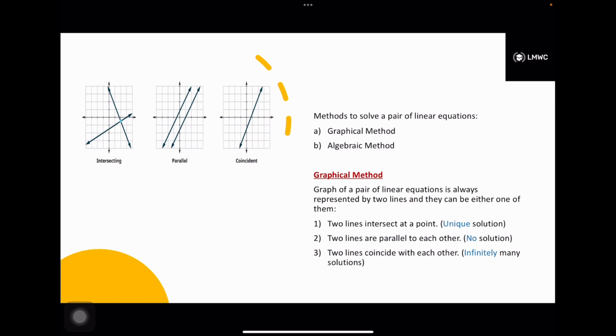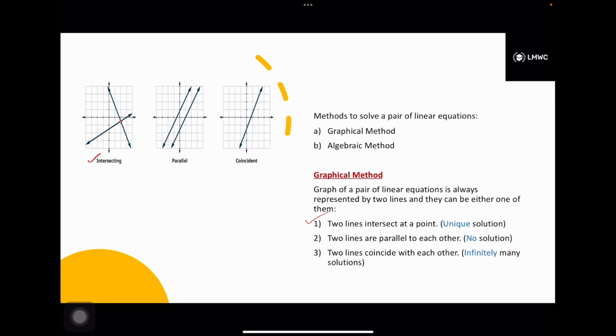The first can be that the two lines may meet at one single point, and they are called intersecting lines. As you can see here, this particular dot is the point at which the two linear equations are intersecting. So this particular point will be the one single unique solution of the pair of linear equations. So that is the first one.